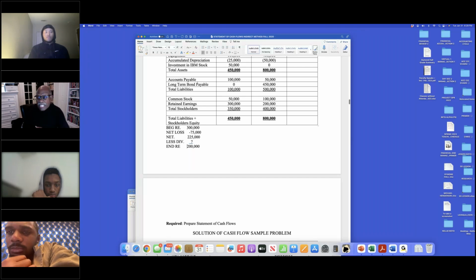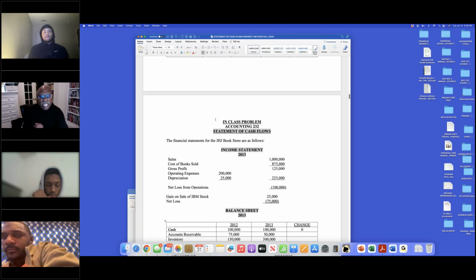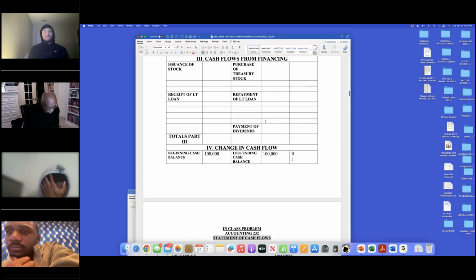So what did the dividends have to be? 25,000. So a lot of times when you're doing your homework problems, you have to calculate that. You just go to the statement of retained earnings and you know that the dividends is the unknown. You're always going to have beginning retained earnings, ending retained earnings, and the net income from the income statement. So we put that 25,000 in here. So you've got the template on where it goes.